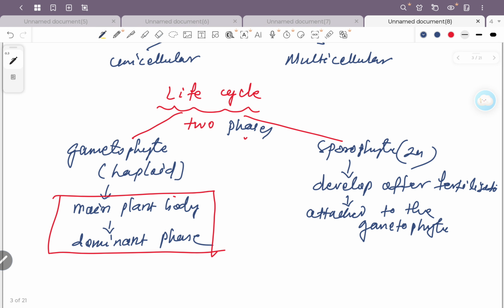They reproduce asexually. So why are they attached to the gametophyte? Why don't they detach from the plant? Because they depend on the gametophyte for nutrition.